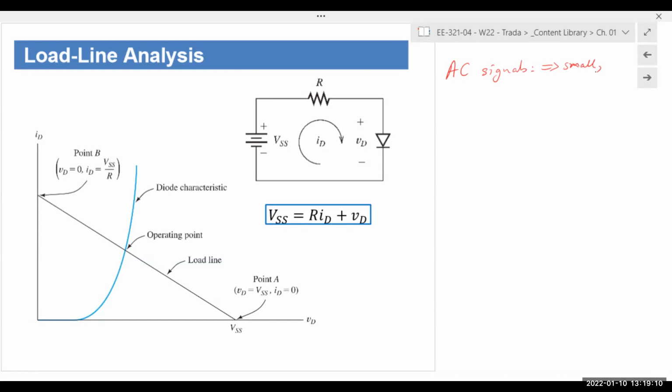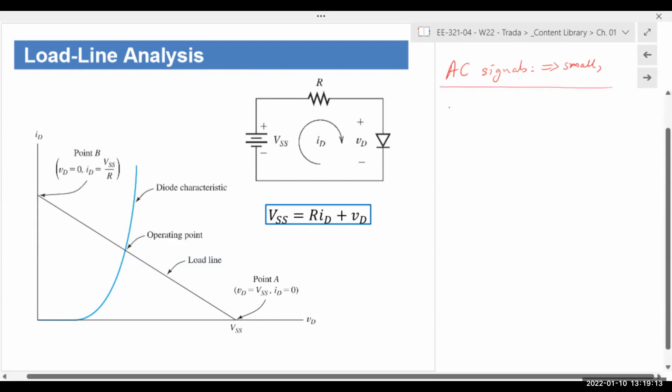So imagine, if you will, you have a small AC signal like this, and you add it to a DC signal of this level. What do we get?